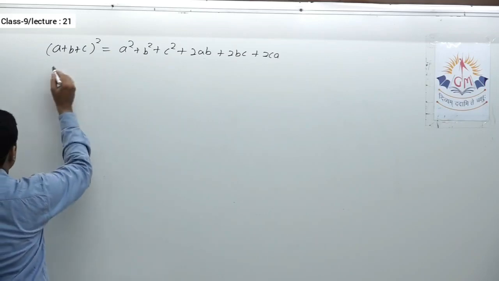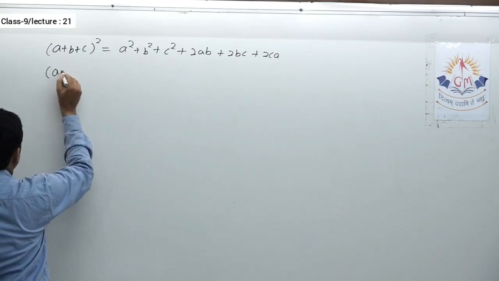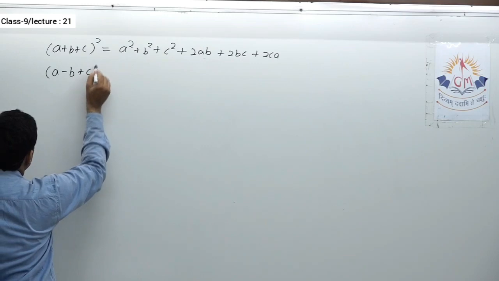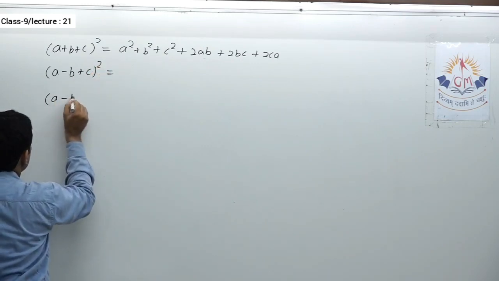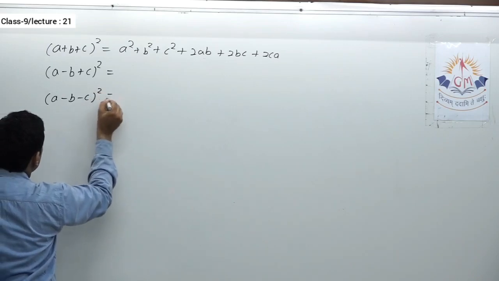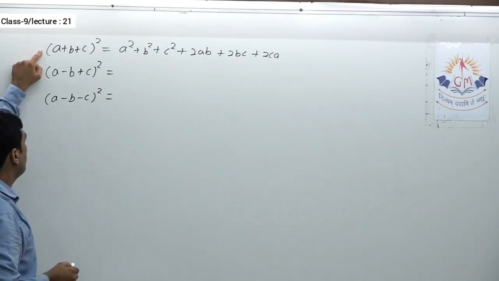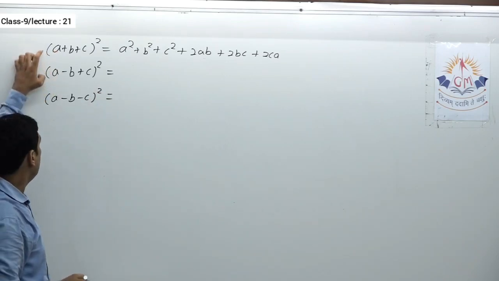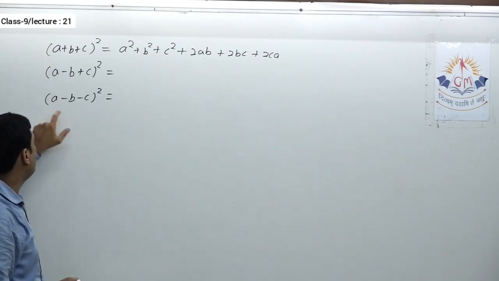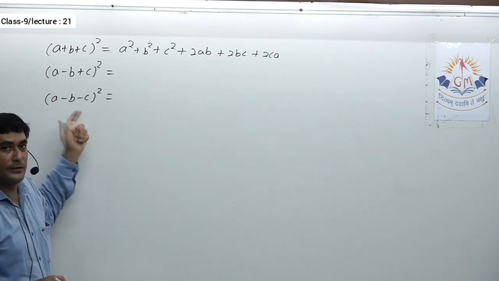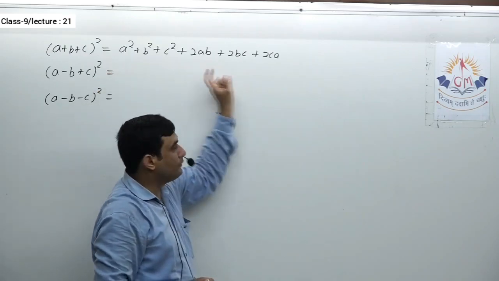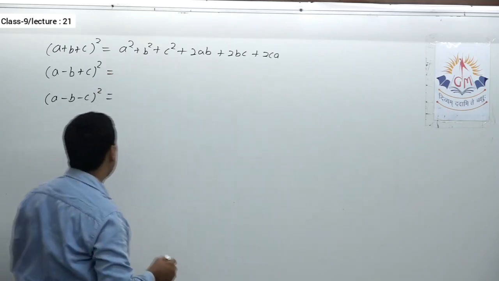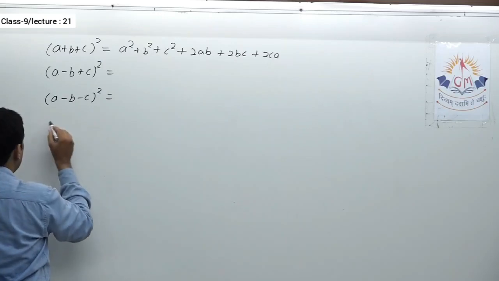Actually there are 8 different identities we can obtain by interchanging the signs, but we can obtain all of them using this very first identity. No need to mug up all the identities separately.